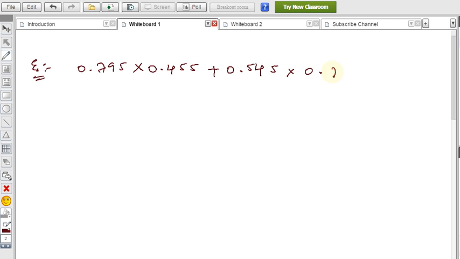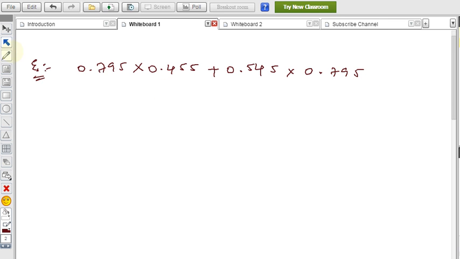After observing the question, we can have some clear idea. Here we need to multiply these both and multiply these both, and then we should add. There is a common term 0.795 here, and here also there is 0.795.